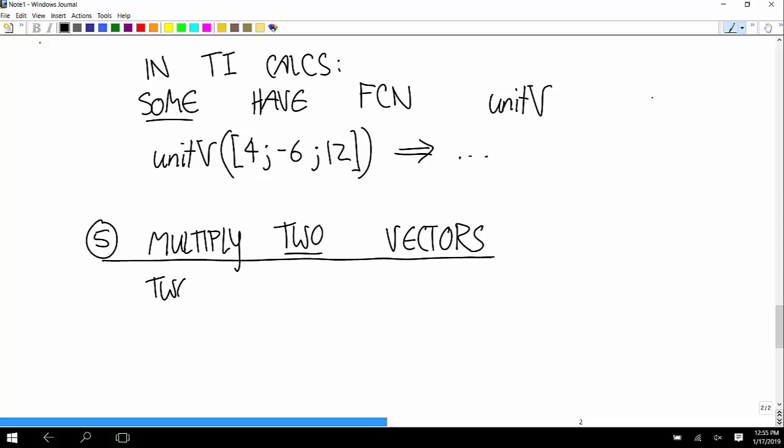And there are two ways to do this. Can anyone think of what the two ways to multiply two vectors probably are? Yep, dot and cross. Yep. So there are two ways, and I'm sure there are a million ways that are useful in some applications. In this class, we're going to use dot product and cross product.